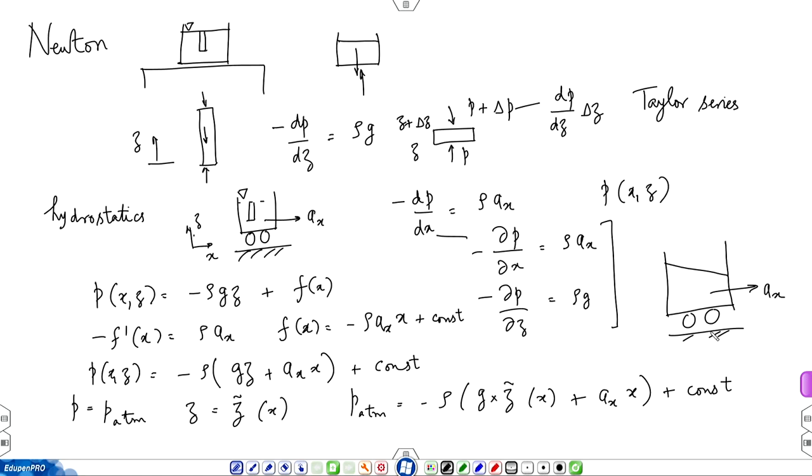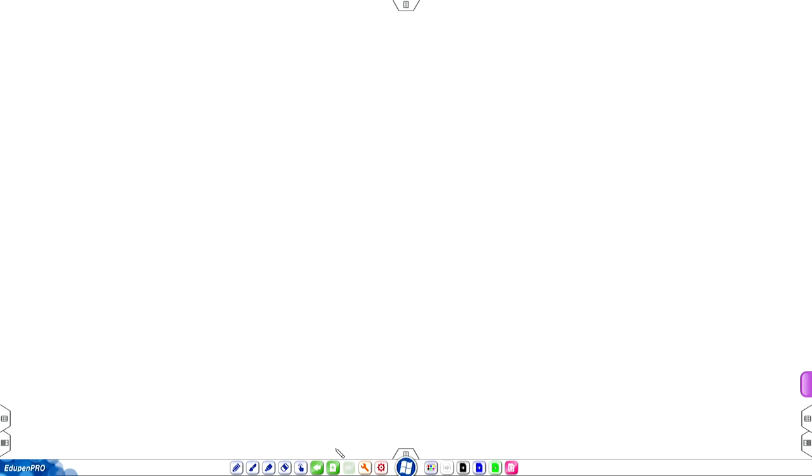A simple extension of this problem is when you have rigid body rotation. So, this rotation can be a very complex quantity, very involved, but let us take a simple configuration. So, this is a vertical tube.